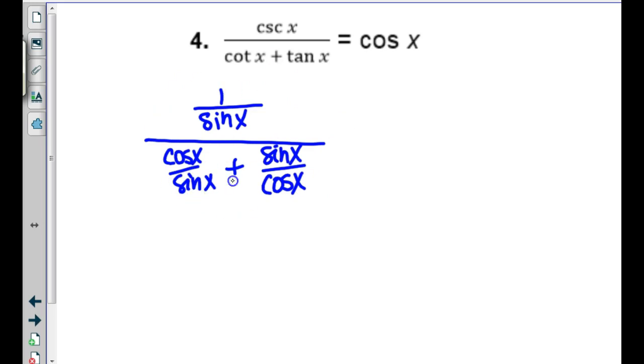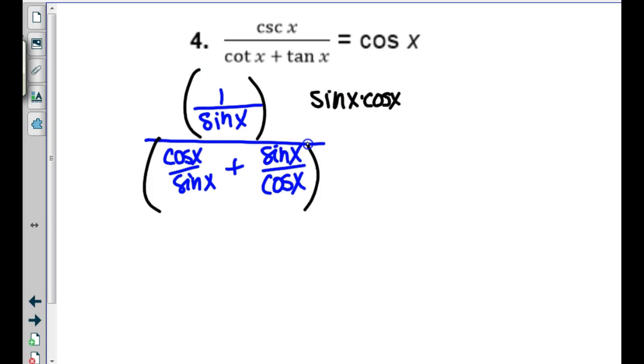Sine times cosine. So if we multiply a sine times cosine onto the top and a sine times cosine onto the bottom, it will actually get rid of all of the fractions that are making a complex fraction. You'll be down to a single fraction.